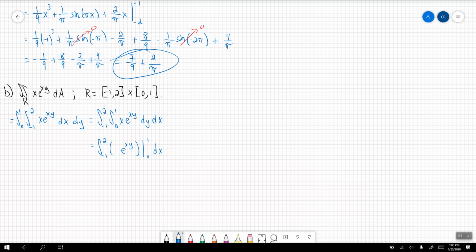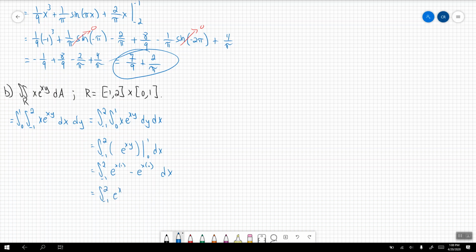All right, now having this here, this makes it slightly easier in the sense that, again, I'm only evaluating y's, so this is going to be e to the power of x times 1 minus e to the power of x times 0, and that's all dx.